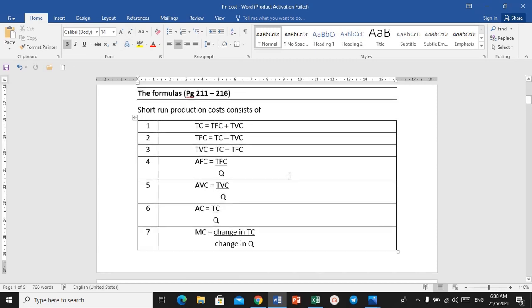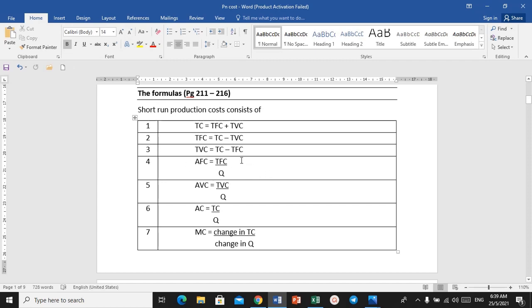Before we proceed to our graph, I would like to ask you one question. What makes this set of costs to be categorized as a short run production cost? Short run.